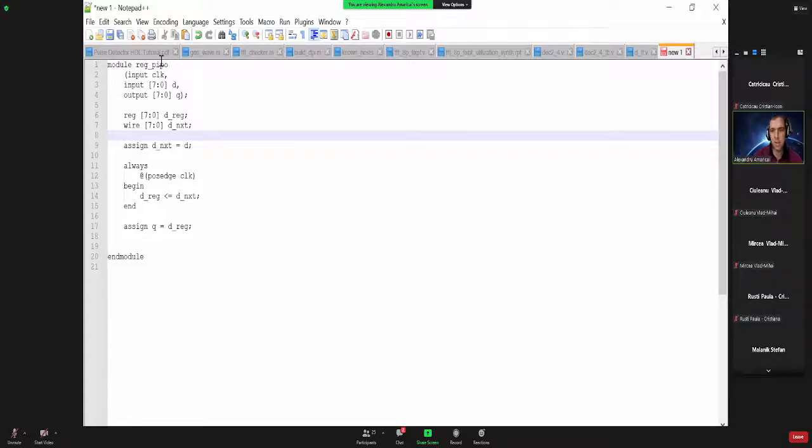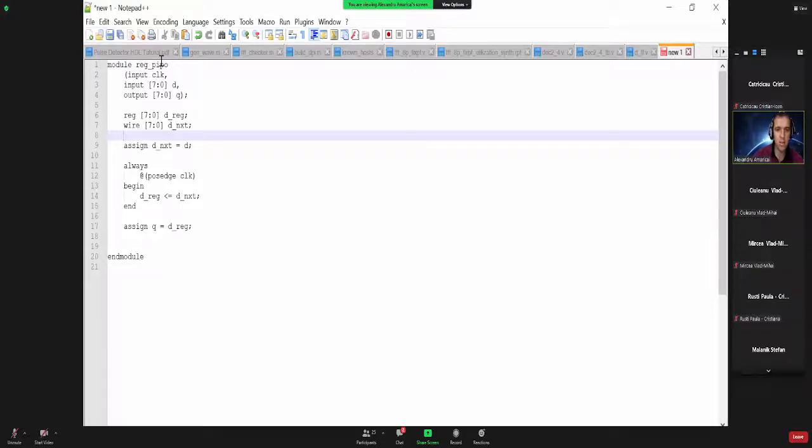Basically you have 8 flip-flops connected to the same clock signal, and of course the 8 flip-flops are loaded at the same time.